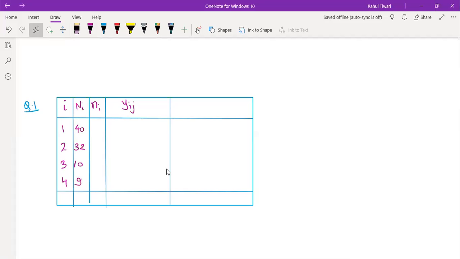Then we have the small n_i. How much? 7, 6, 3, 3, 7, 6. And we have given y_i. What are the y_i? 2, 4, 5, 8, 13, 6.